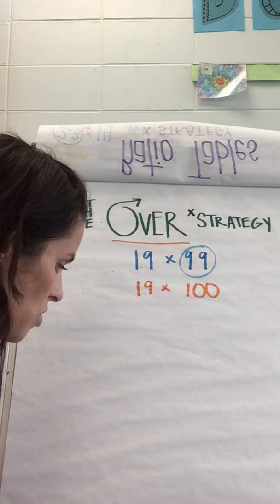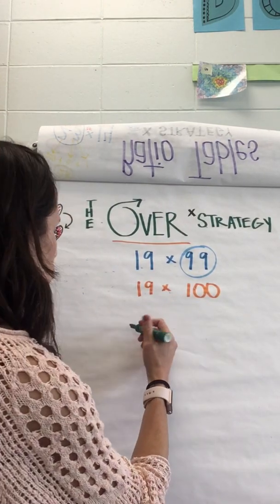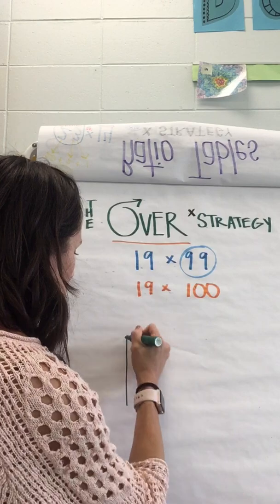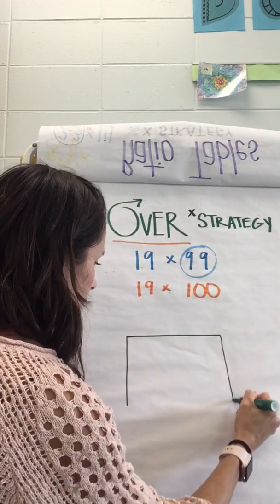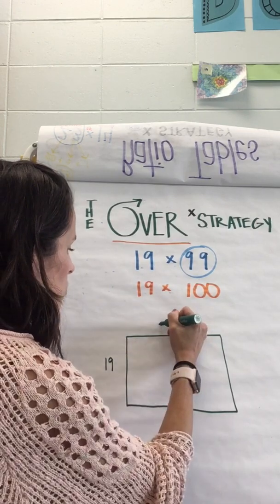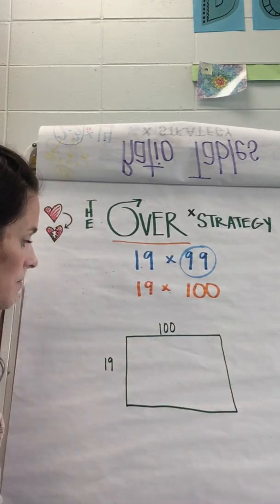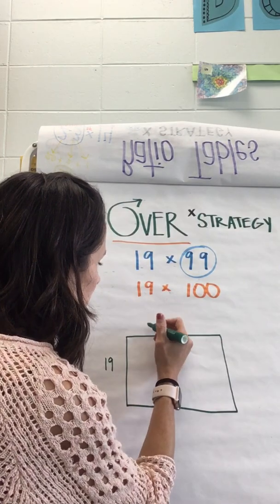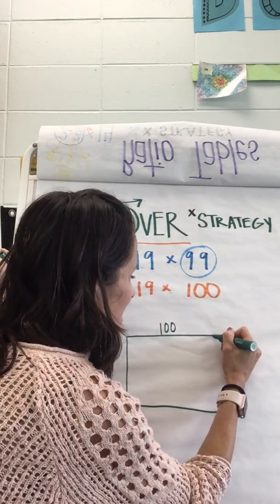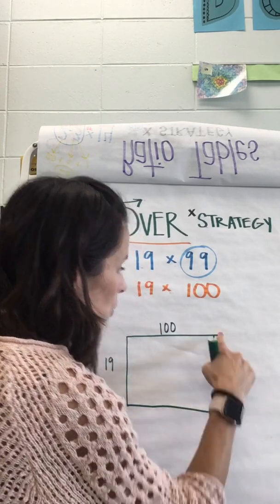I want to show that in an area model really quick. Whatever 19 times 100 is, we've really gone over the real thing, 19 times 99, by just 1.